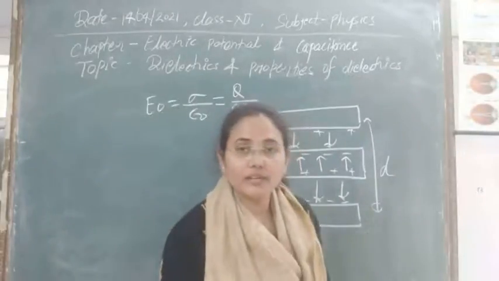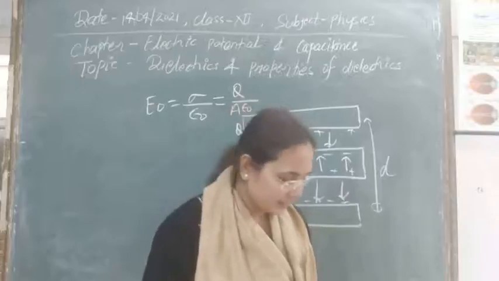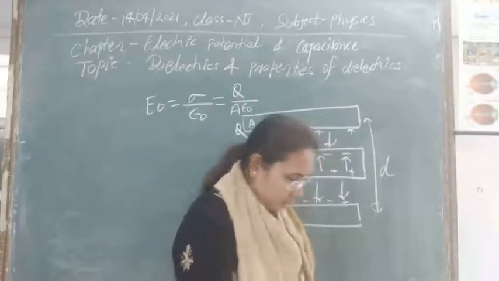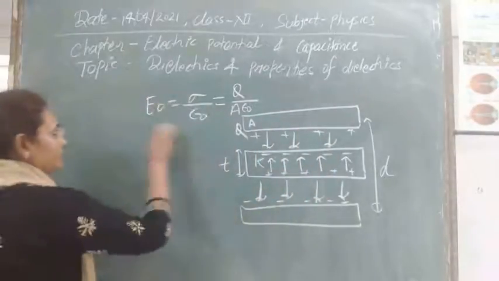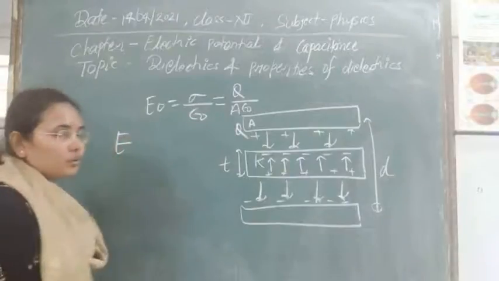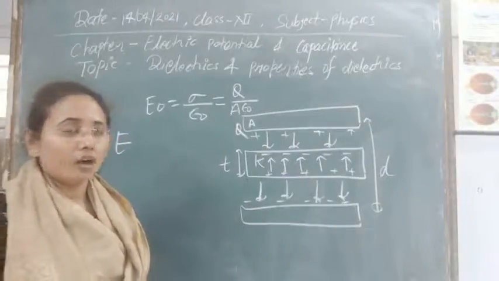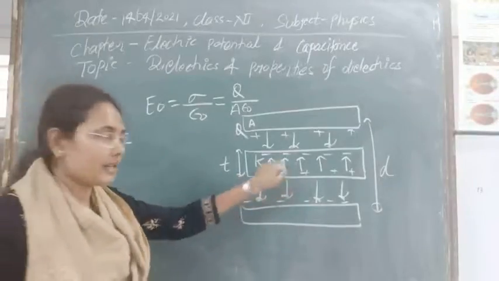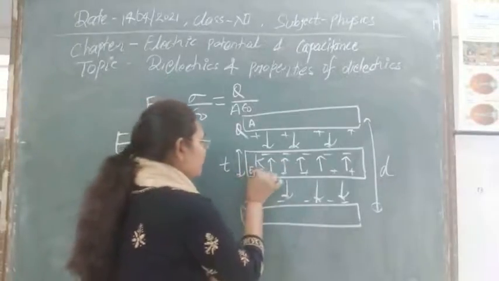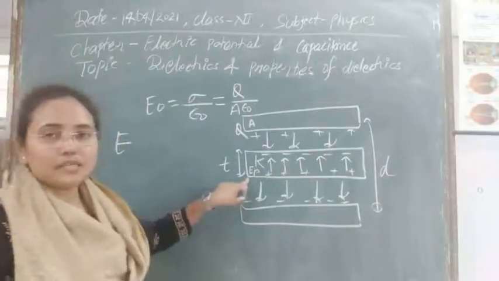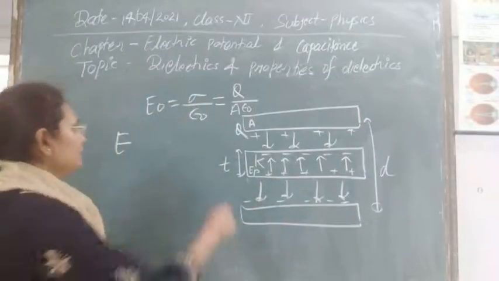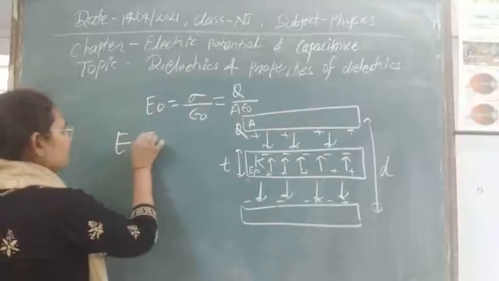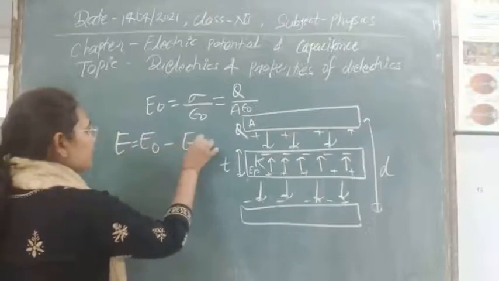And also we know the value of dielectric polarization. Suppose E is the total net electric field after the reduction of the field that is produced due to the dielectric slab, and suppose EP is the electric field generated in the dielectric slab, so the value will be E0 minus EP.